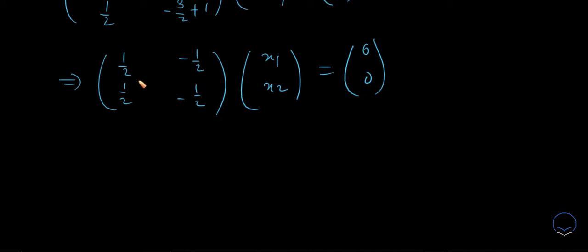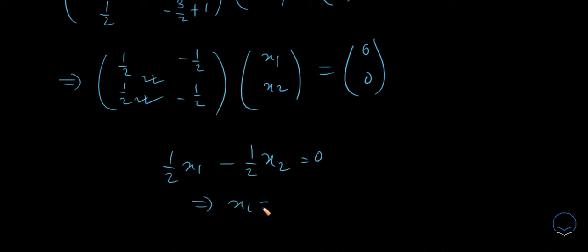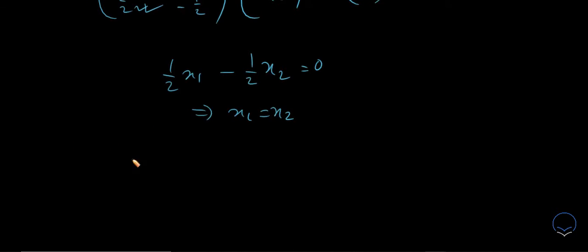You can see that both of these rows are giving me the same piece of information. So I'll have 1/2 of x1 minus 1/2 of x2 equals 0. That means x1 equals x2. Let's call this eigenvector v1, or just v.